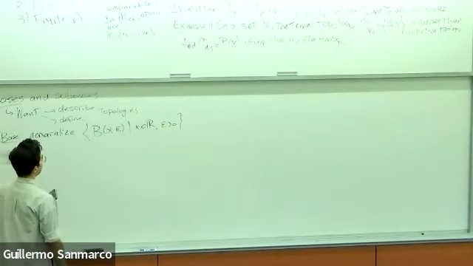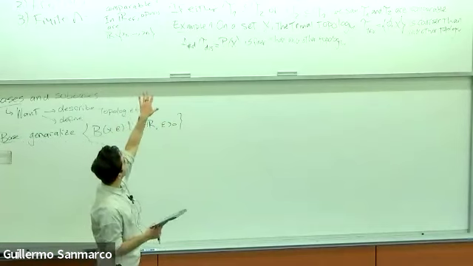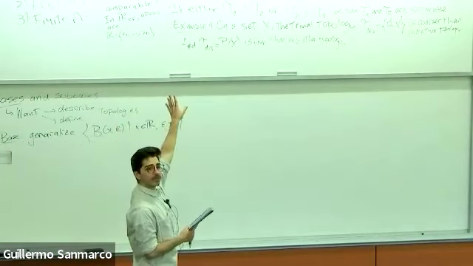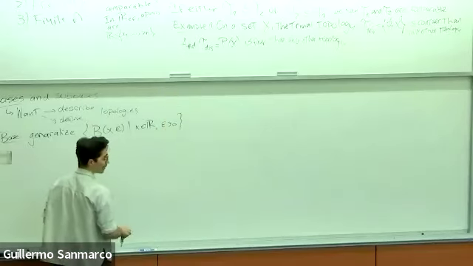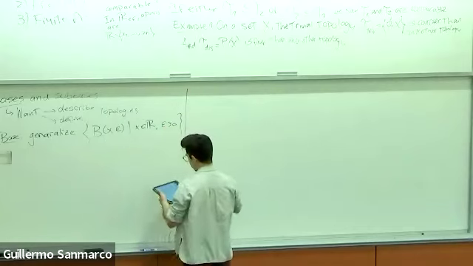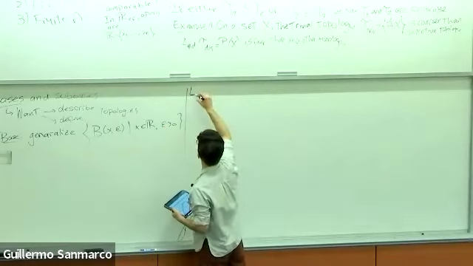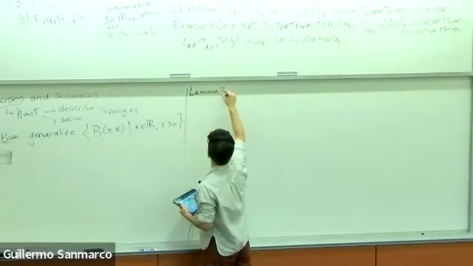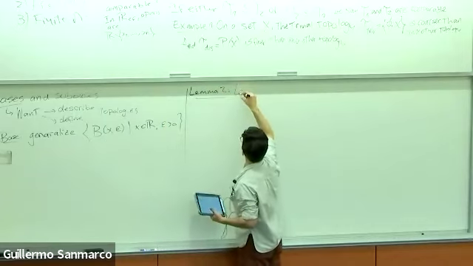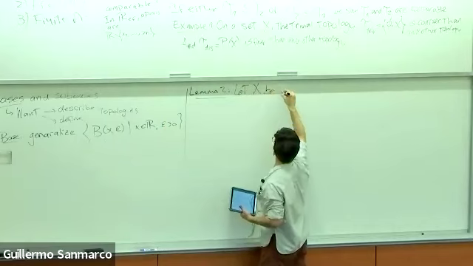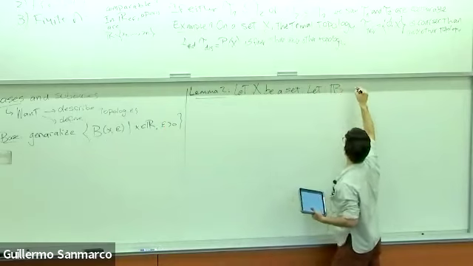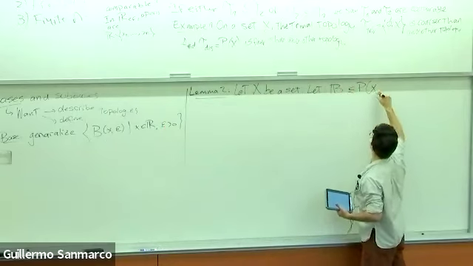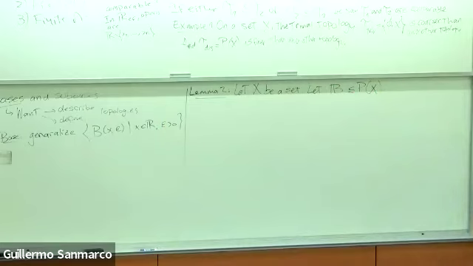Now, I want to describe that set in a very different but more concrete way, and that's going to be our first result. So let's call this a lemma. I'm going to start with the set, let X be any set, and I'm going to take B to be any collection of sets, some family of sets.